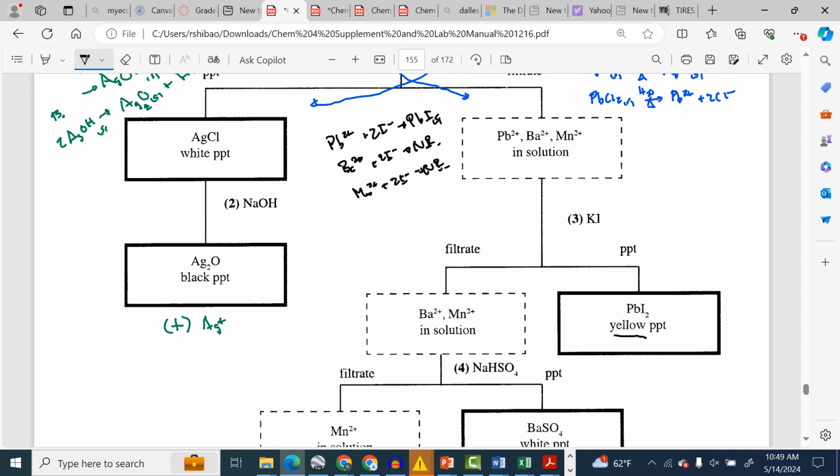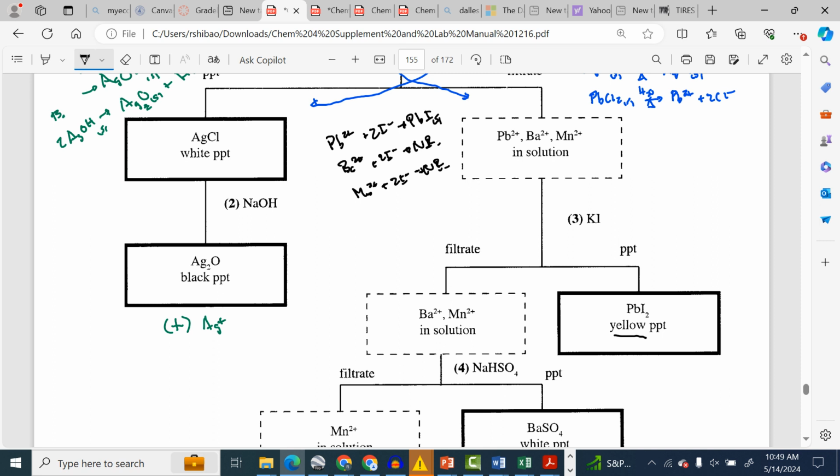That's fine. Now comes the next point, which I didn't talk about earlier. We have to have complete and clean separations. Another problem is this: what if you don't precipitate all the lead out? How do you know when you've precipitated 100% of the lead out? It's hard to tell because this becomes cloudy.